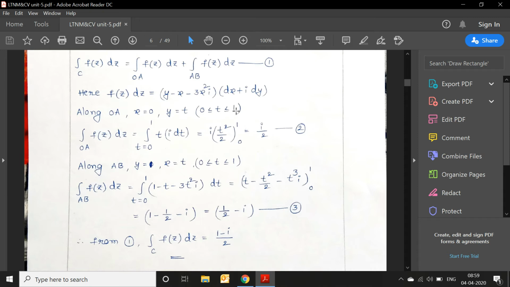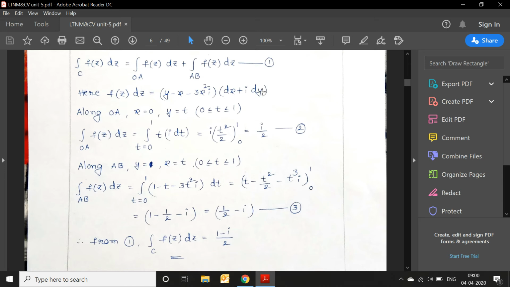The equation is not given, so we change into t. So the integral over OA of f of z dz is the integral from t equal to 0 to 1 of t, because y is equal to t. Here x is 0 so dx is also 0, and y is equal to t, so dy is equal to dt.